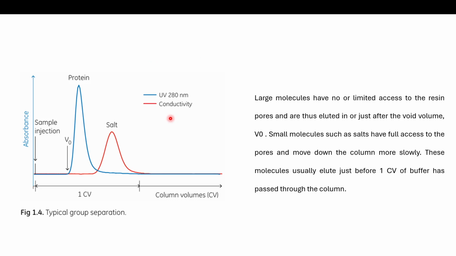Similarly, based on the ionic strength of the buffer or the fraction being eluted, if the salts are coming out, then the conductivity will increase. This is the conductivity graph, and as all the salts come out, it will again go down. This can also be measured here or seen in the chromatogram.